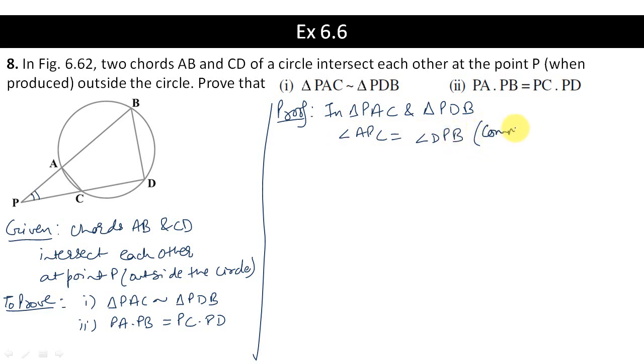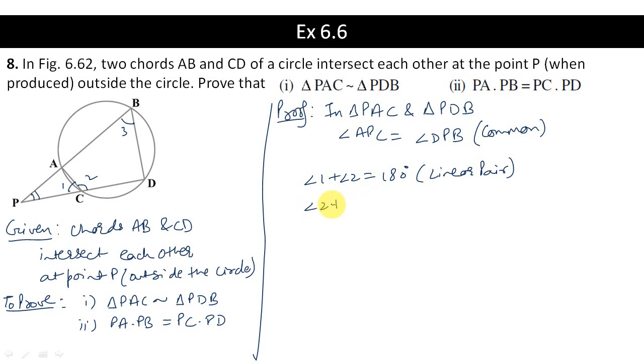This is common. We need one more angle to prove the two triangles similar. So if we assume this angle as 1, this is 2, and this is 3, then angle 1 and angle 2, the sum of these two angles will be 180 degrees as they are forming a linear pair.